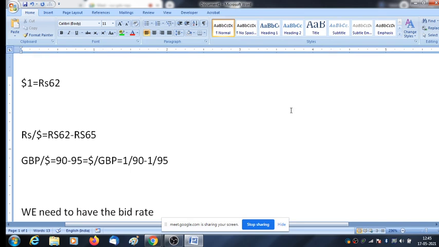First, this is given in terms of rupees per dollar. Agree with me or not? And here also dollar is given in terms of pound. But what we require? We require rupees in terms of pound.